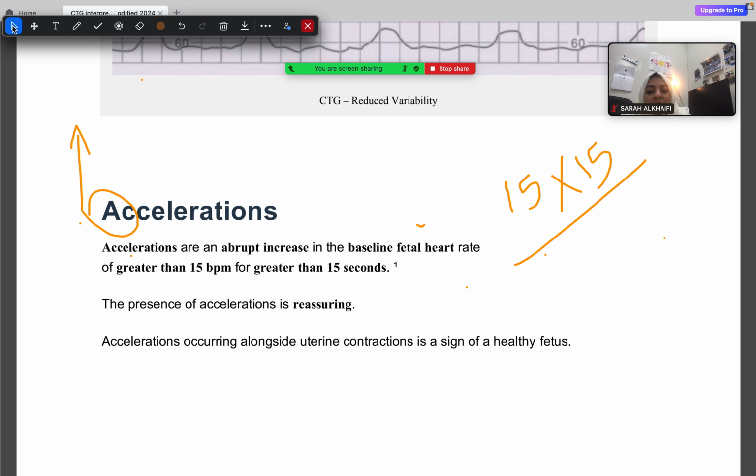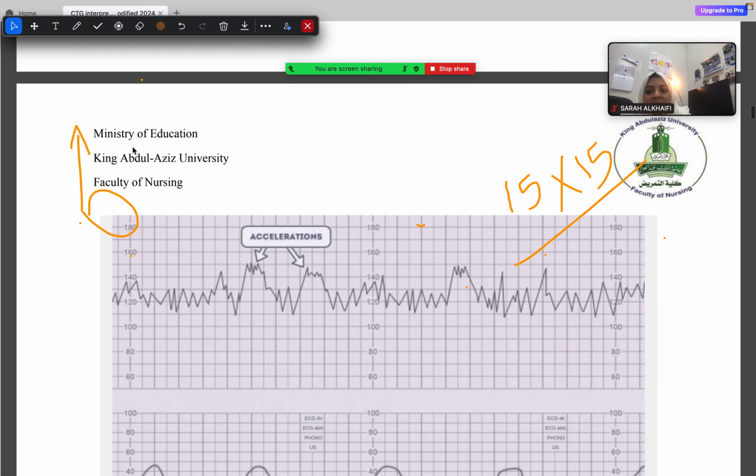What does that mean? When we want to evaluate for acceleration, we look at the increase in the fetal heart rate here. So we said an increase in the fetal heart rate is what we consider acceleration, and this is another acceleration, and this is another acceleration.